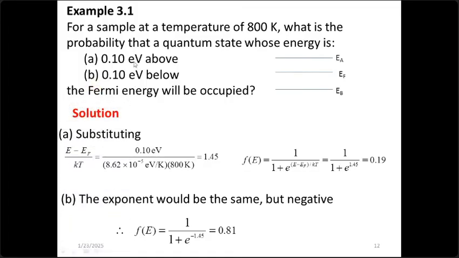For a sample at a temperature of 800 Kelvin, what is the probability that a quantum state whose energy is (a) 0.10 eV above, (b) 0.10 eV below the Fermi energy will be occupied?